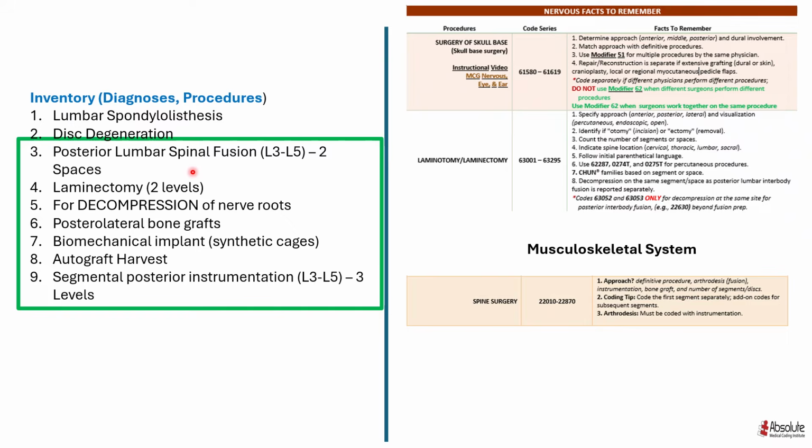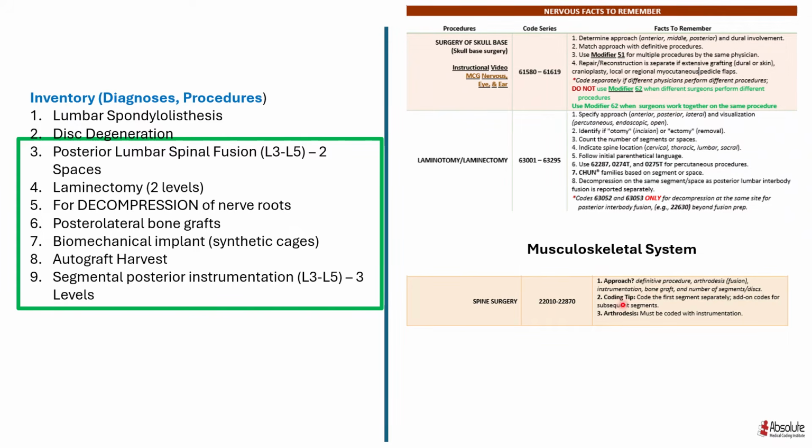And decompression on the same segment as posterior lumbar interbody fusion is coded separately. And it tells you to use codes from this section. And then the musculoskeletal section, it tells you when you're coding for spine surgery, you got to know the approach. And then they have a coding tip. Oh, you got to know the approach and you got to pay attention to your definitive procedures like your arthrodesis.